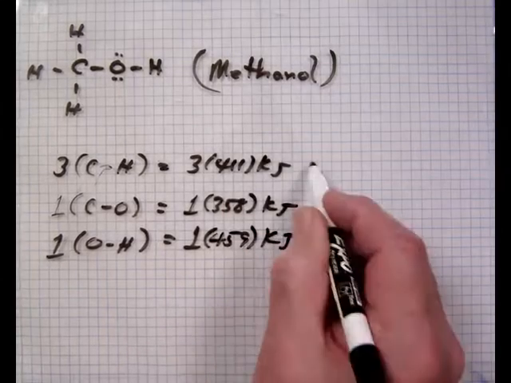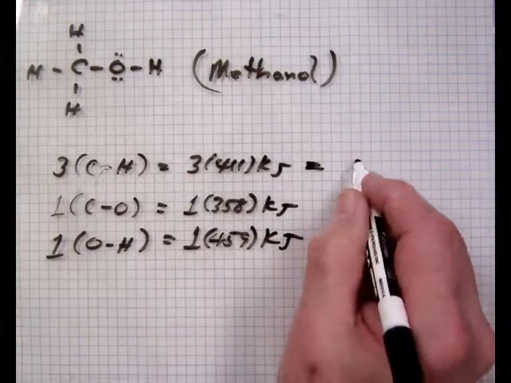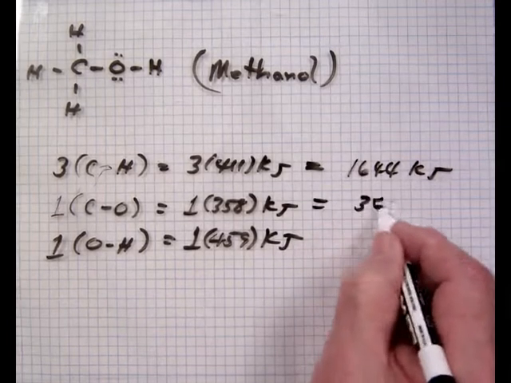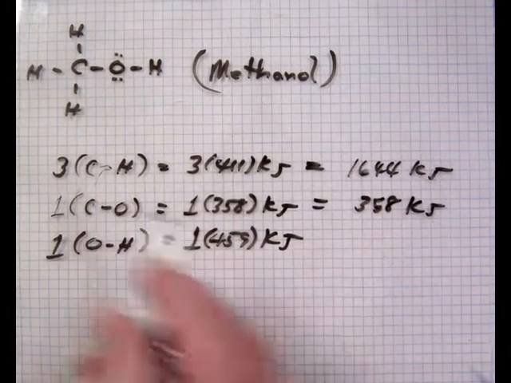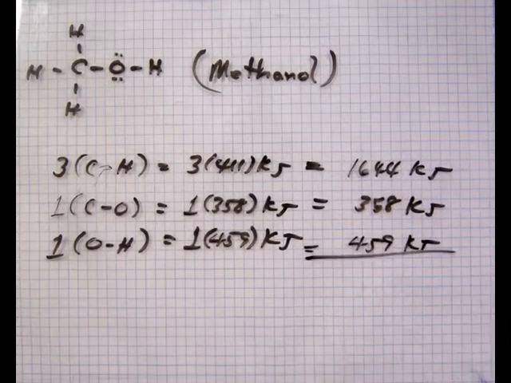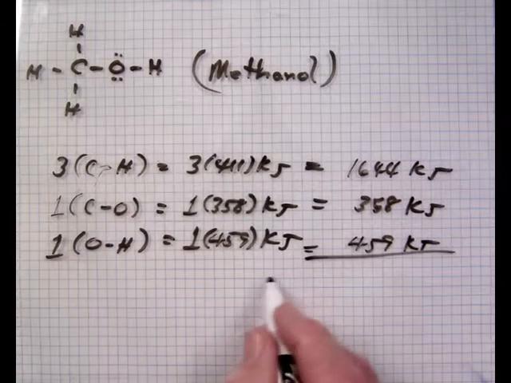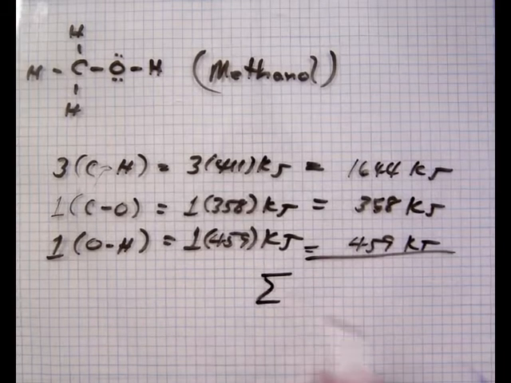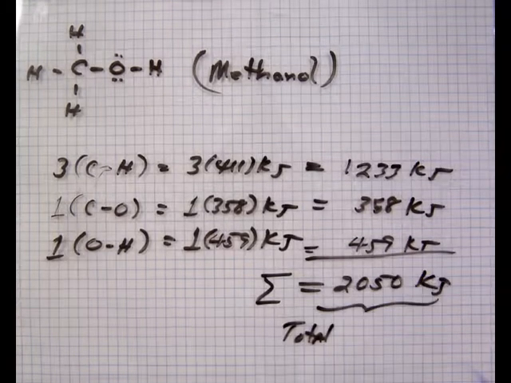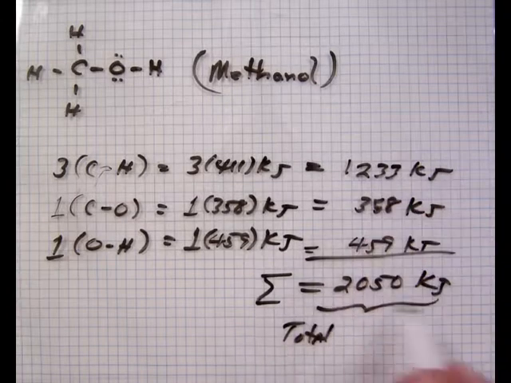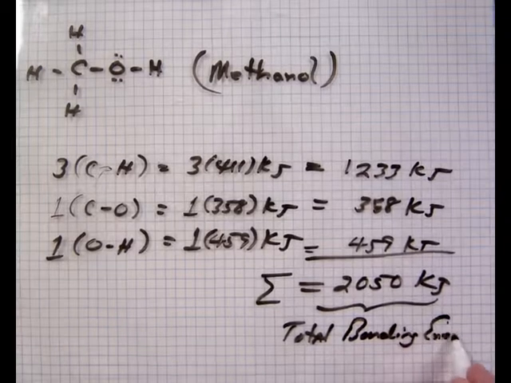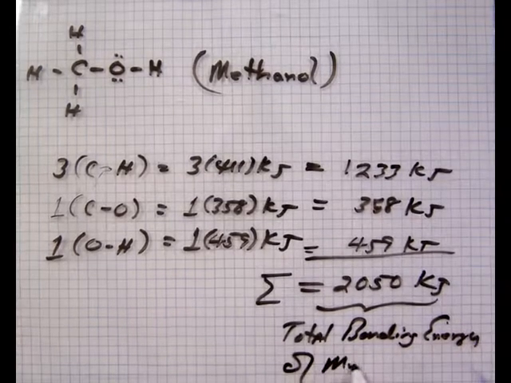This is 1644 kilojoules for the 3 carbon-hydrogen bonds, 358 kilojoules for the formation of the carbon-oxygen bond, and 459 kilojoules for the oxygen-hydrogen bond. The sum of these is 2461 kilojoules, the total bonding energy of methanol.